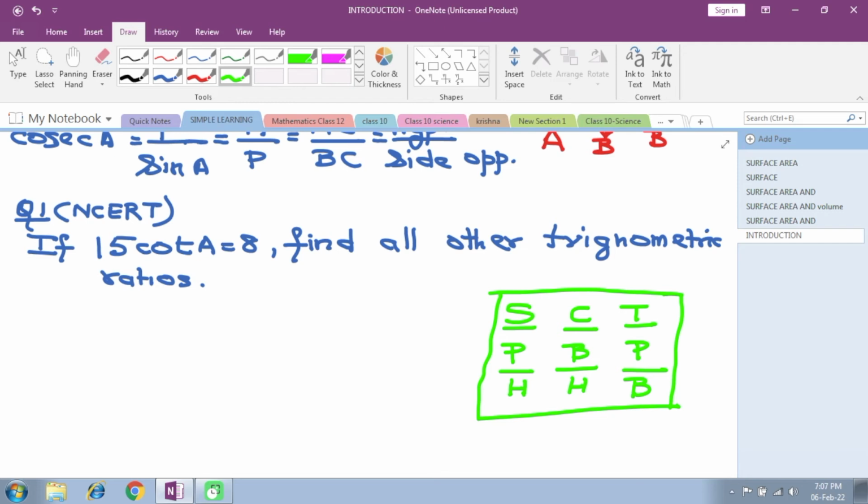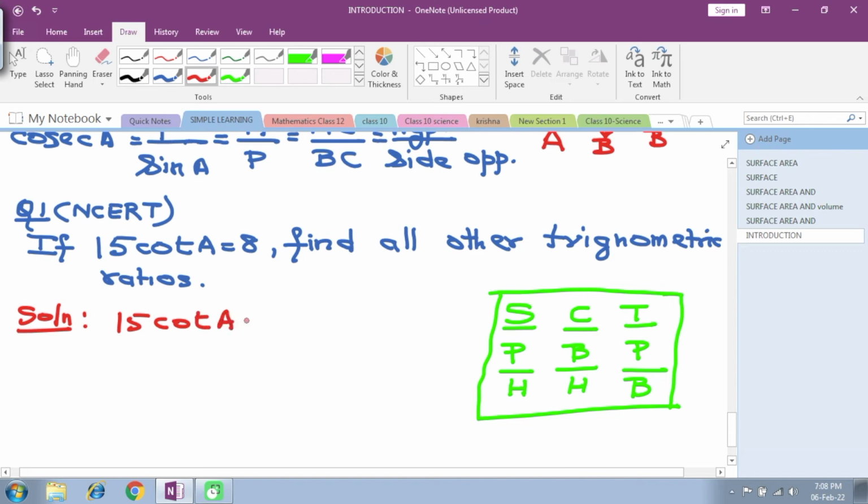Now, one question I will do from NCERT. If 15 cot A is equal to 8, find all other trigonometric ratios. So let us solve this question. 15 cot A is equal to 8, or cot A is equal to 8 by 15.